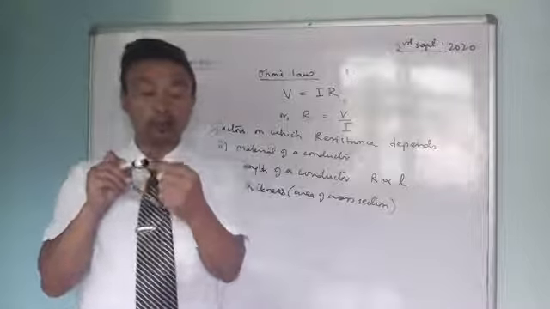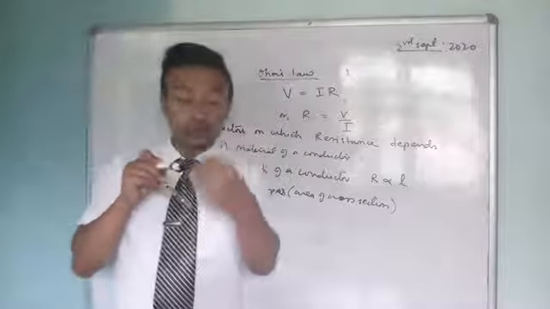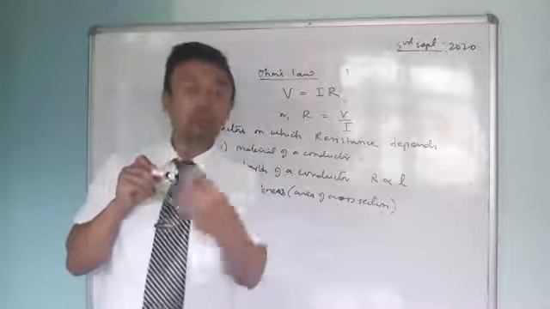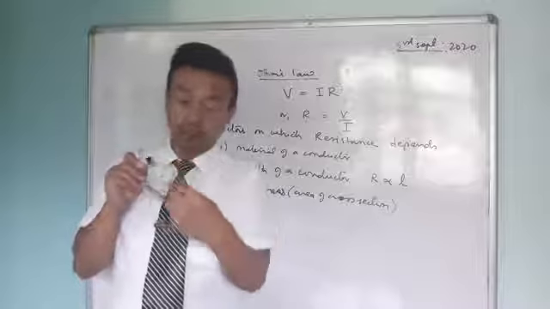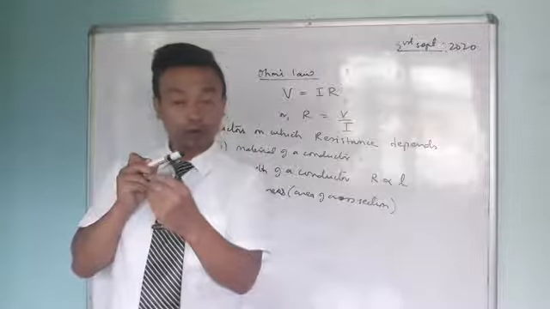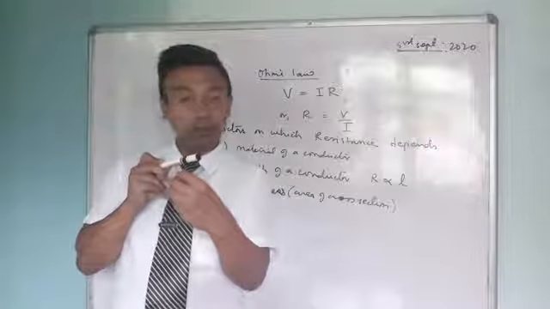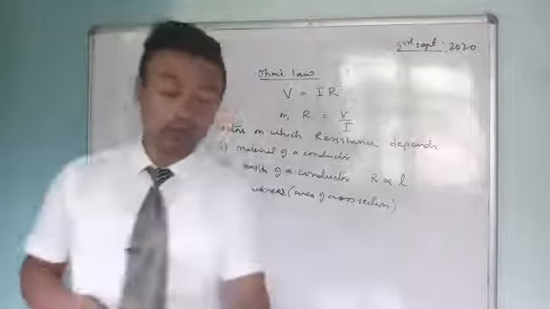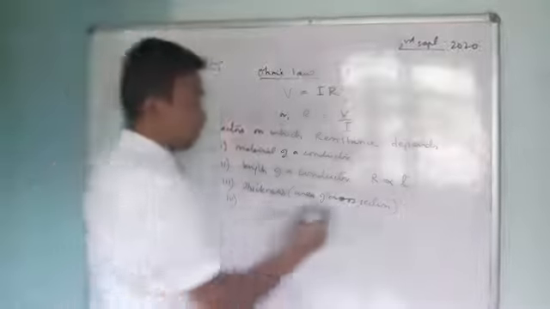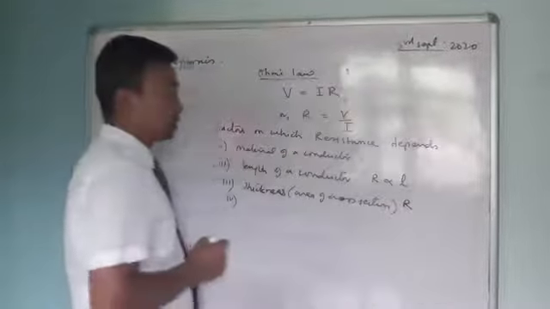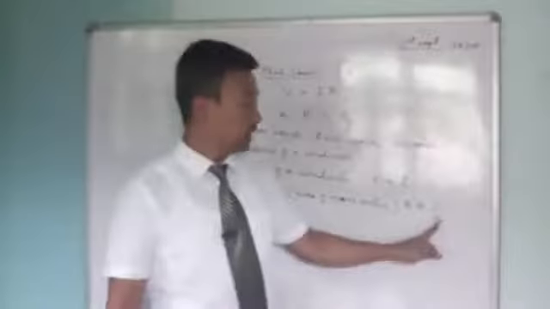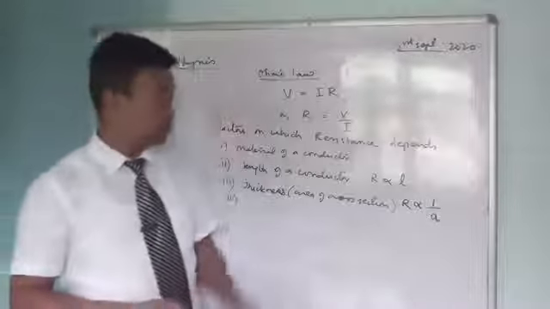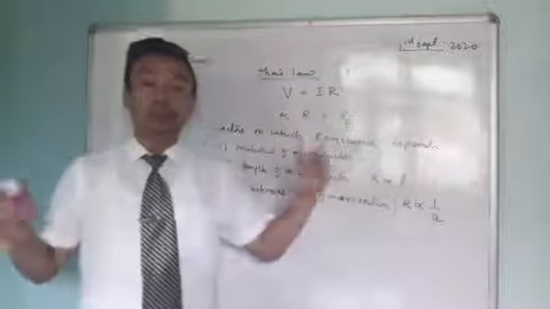When the area of cross section is more, the resistance will be less, because there will be more flow of electrons. There will be more space for the electrons to move. Whereas if you have a small area of cross section, there will be fewer electrons and the resistance will be more. So the resistance of a conductor is inversely proportional to the area of cross section of a wire. The small a refers to the area of cross section, and L refers to the length of the conductor.